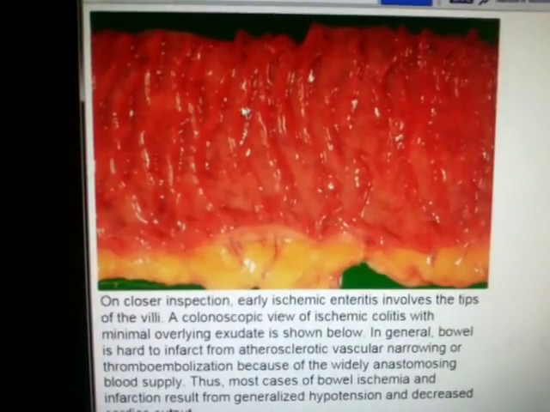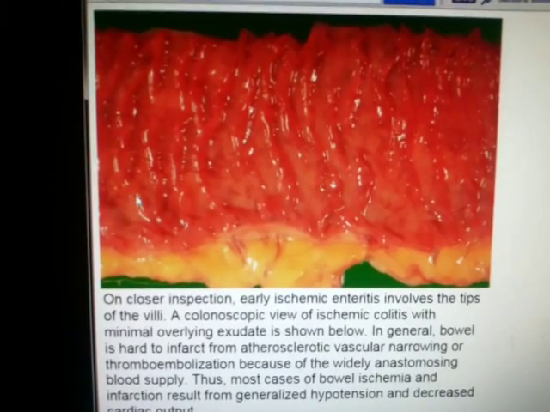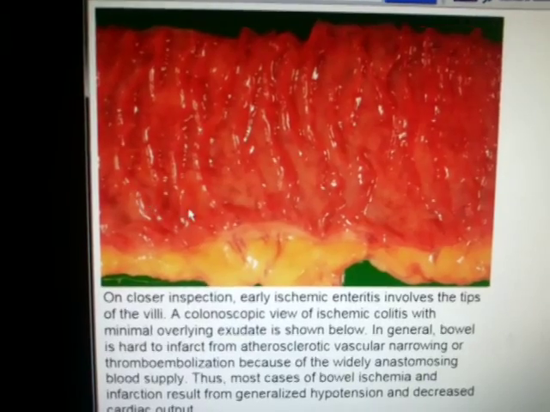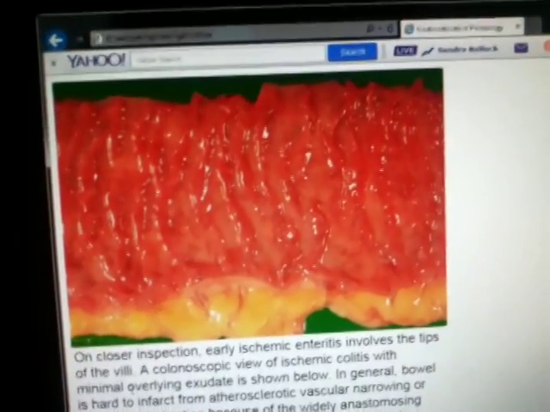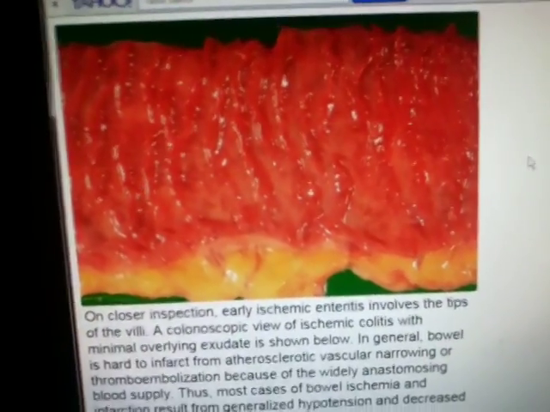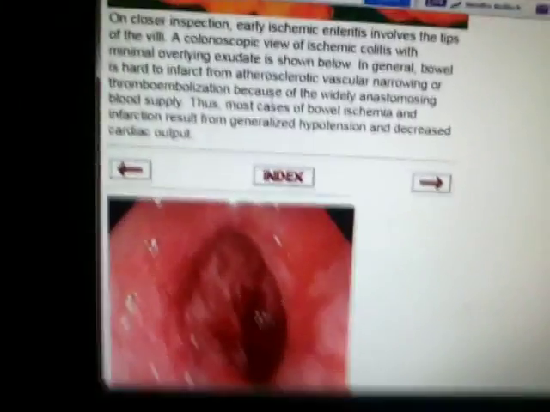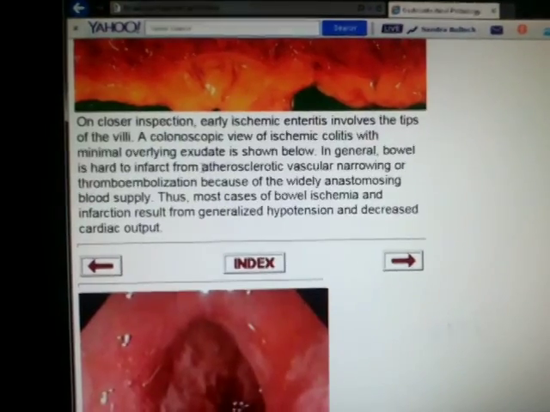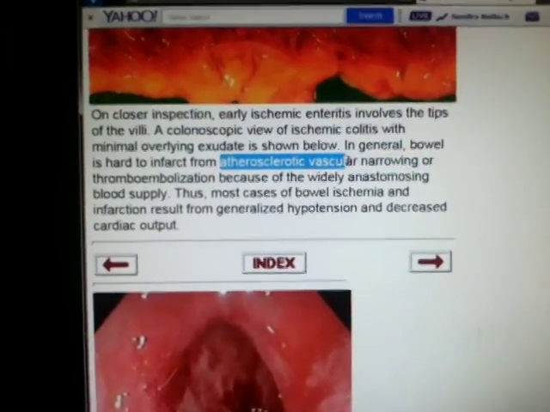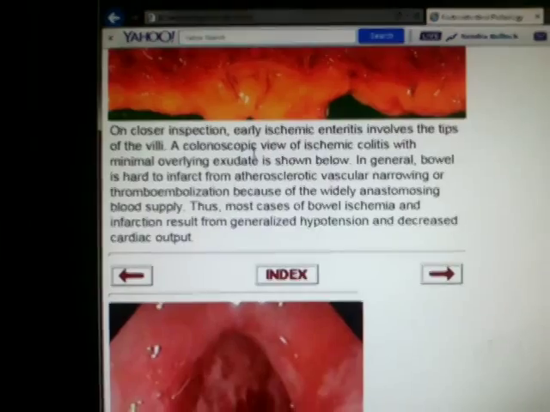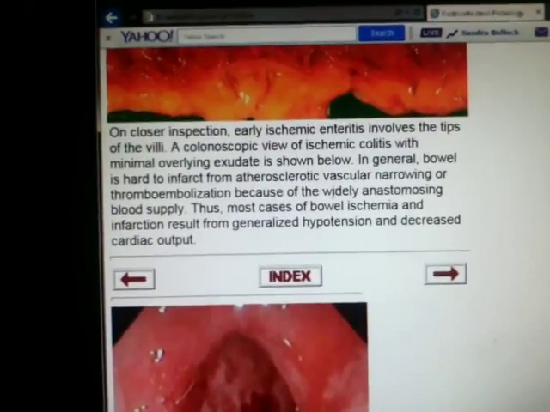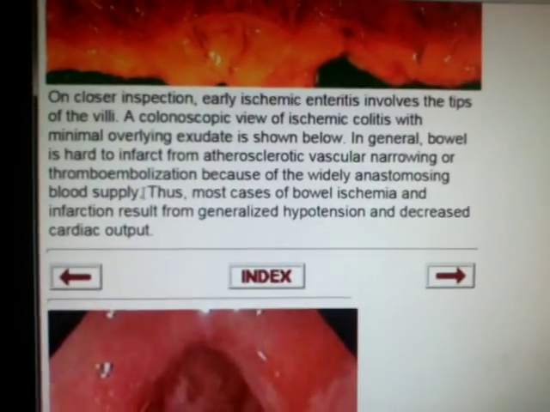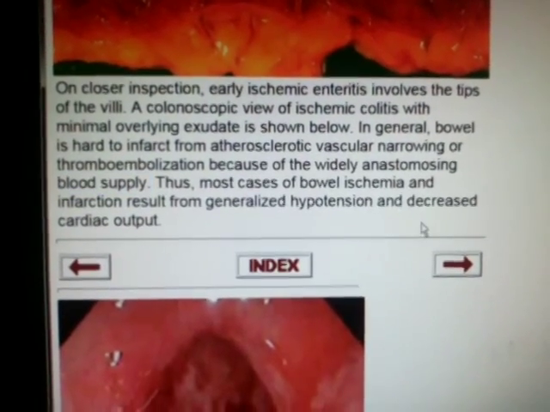Here we have hyperemia of the mucosa, and in some parts of the mucosa we can identify a yellowish color, which is the exudate deposited above the mucosa. As we said, it's very hard to have infarction due to atherosclerotic disease because this organ is widely vascularized and has very anastomosing blood vessel channels.